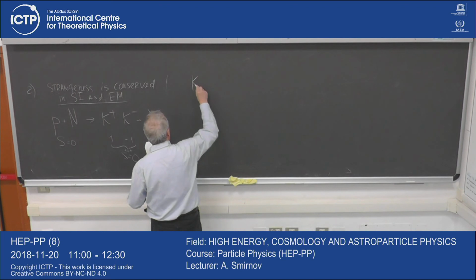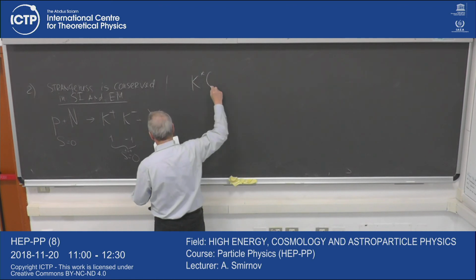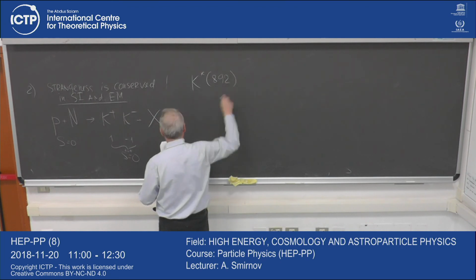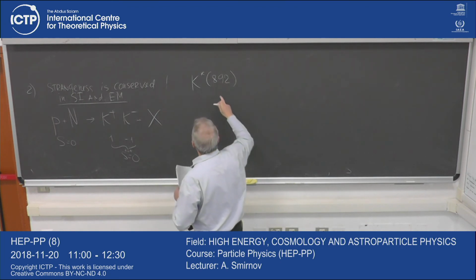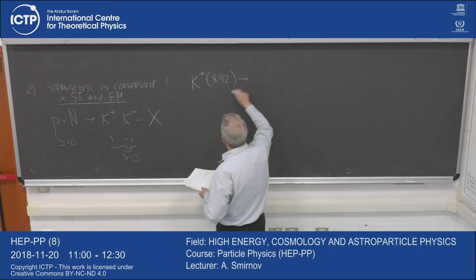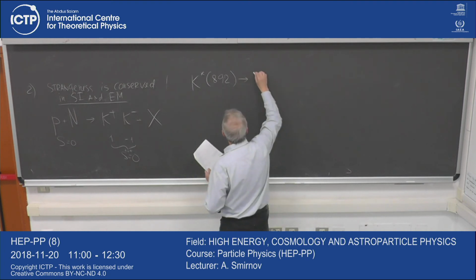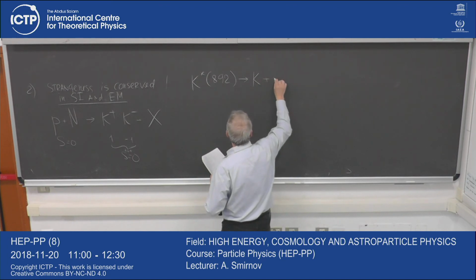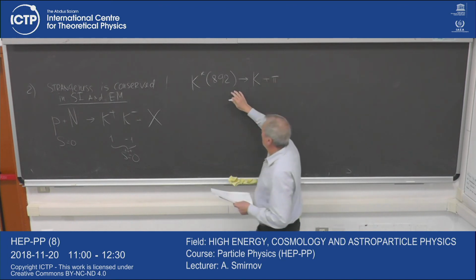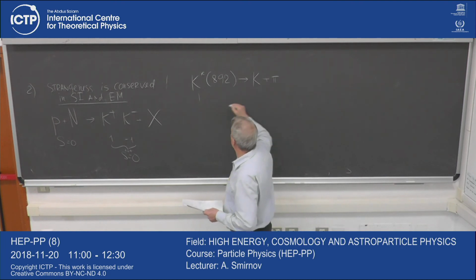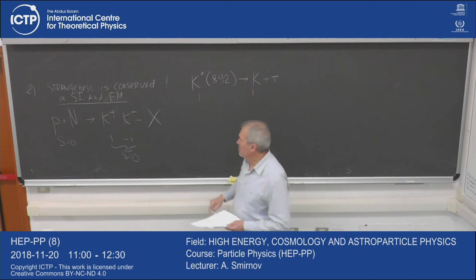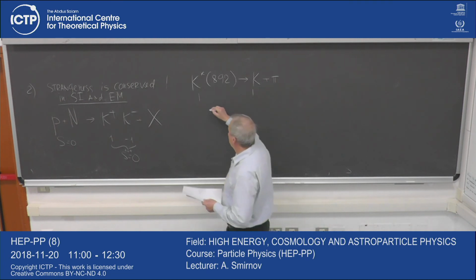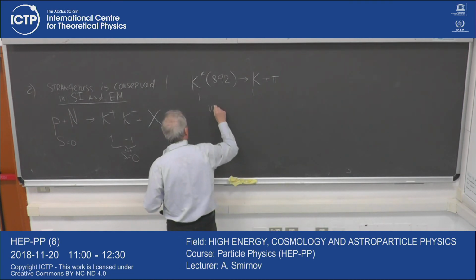For instance, K star, this is the notation, with a mass of 892 MeV. Kinematically, this is not the lightest, and therefore it can decay to a final state with K meson plus pi. Here, strangeness is conserved. Kinematically, this is allowed, and therefore this will go via strong interactions.